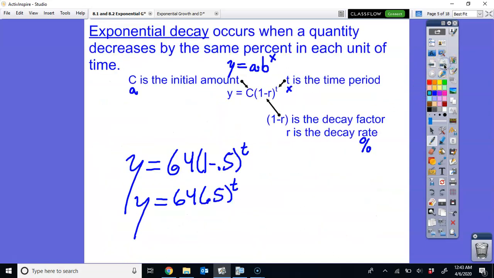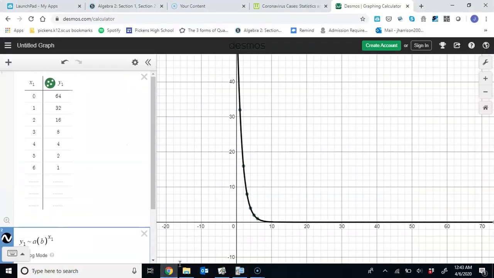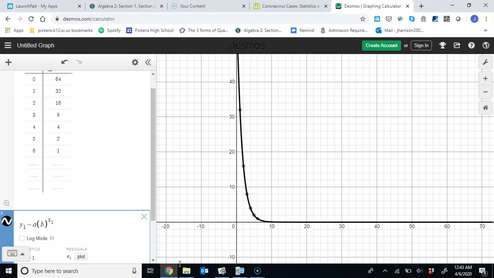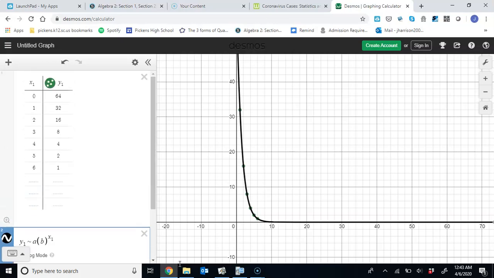So you can find the equation using the calculator as long as you know how to enter numbers into a table. You add the numbers into the table by hitting the plus sign and hitting table, and then hitting this little y1 squiggly a times b raised to the x1. If you do that every single time, it's going to tell you what a is and what b is. Notice your b value should let you know really quickly if it's an exponential growth or an exponential decay.